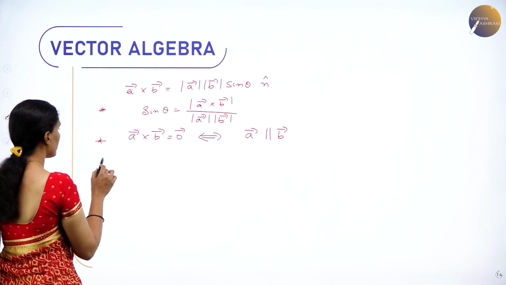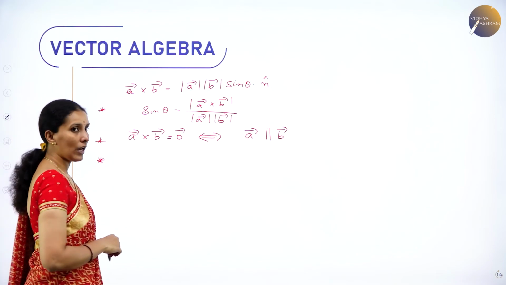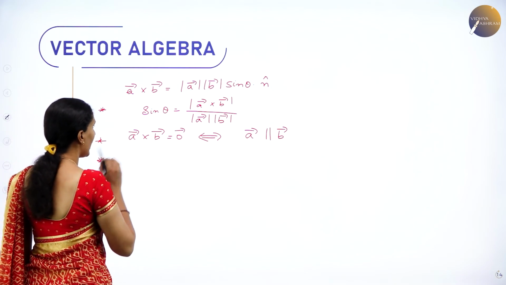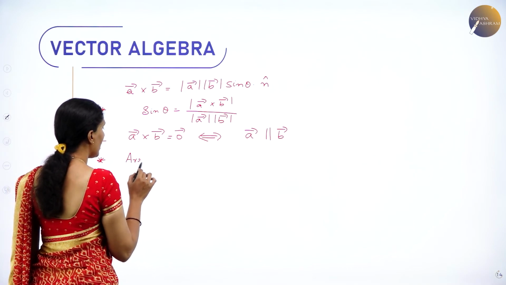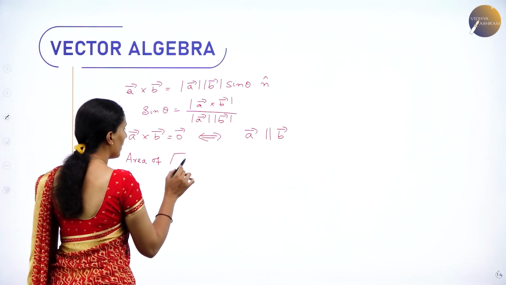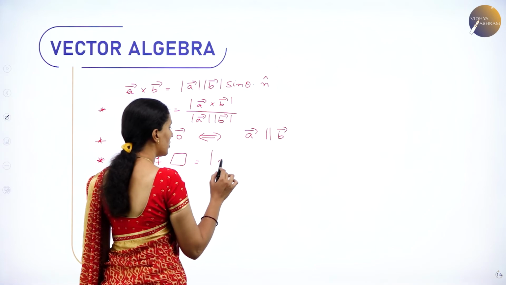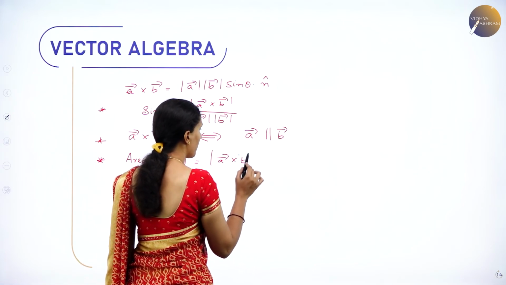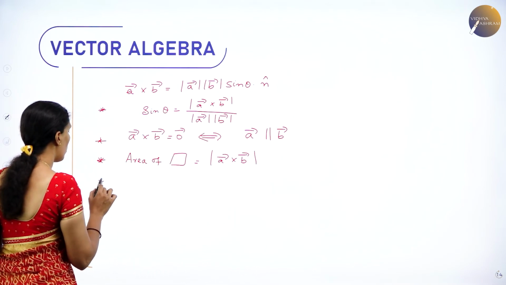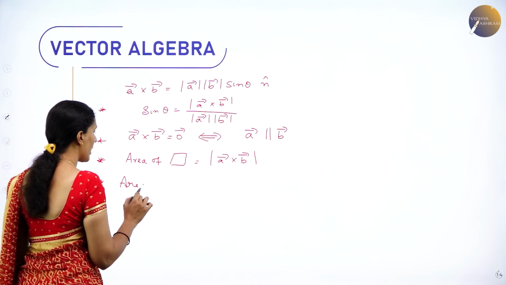Now, coming to the geometrical applications of A cross B, we have area of parallelogram as magnitude of A cross B, and we can also find area of triangle.